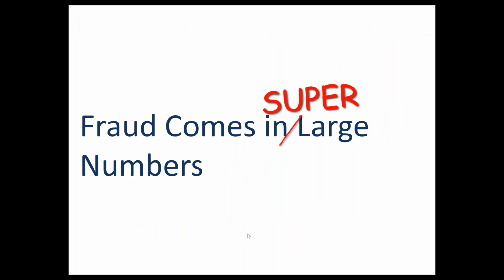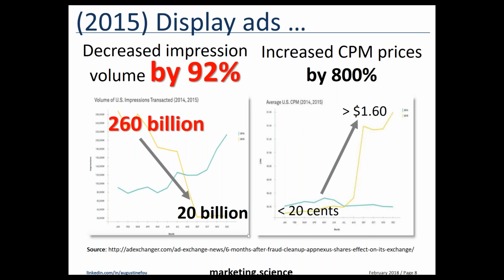But let me show you some data that has been collected over the years to show you how large the fraud problem is. So in 2015, AppNexus came out and did a huge cleanup. So they reduced their ad impression inventory by 92%, right? We're not talking 9% or 19%. We're talking 92%.